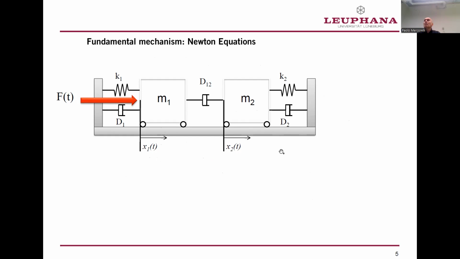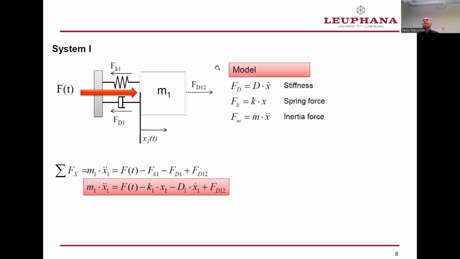Let me be a little bit more concrete, based on the Newton principle, because we have an effort and a movement which can be described by Newton equations. This is written here. Probably you have seen this, so I don't have to spend a lot of time.